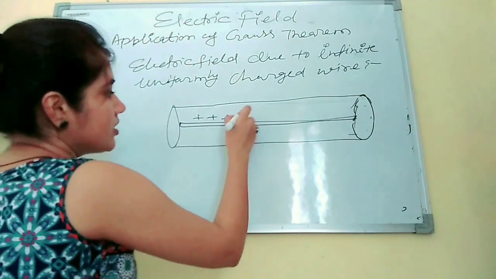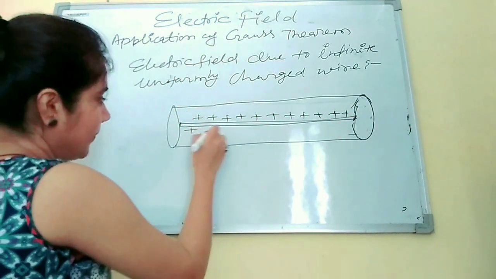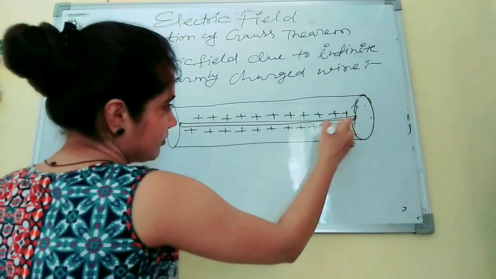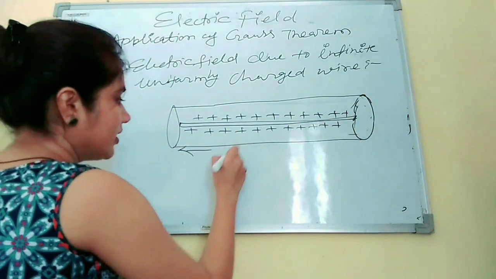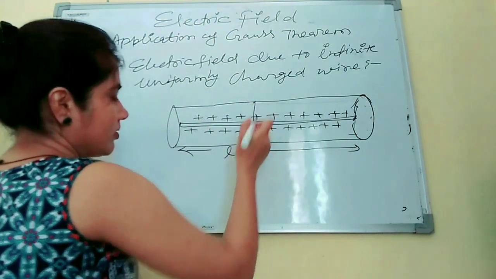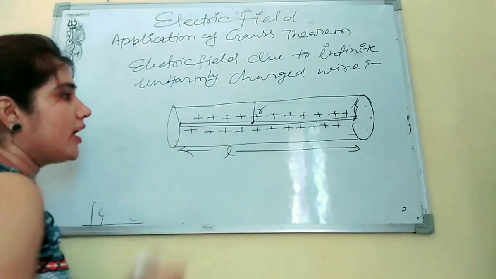This is the charge which is uniformly distributed here. And the length of the wire is L. This distance we are taking as R.